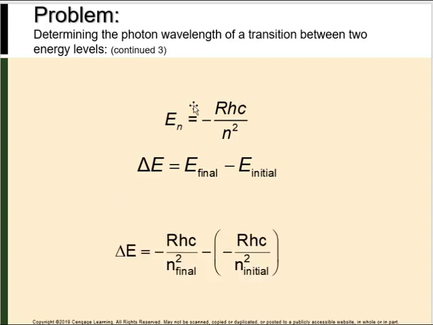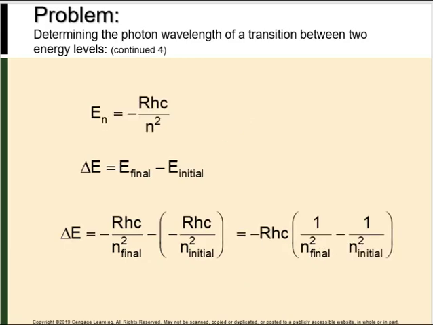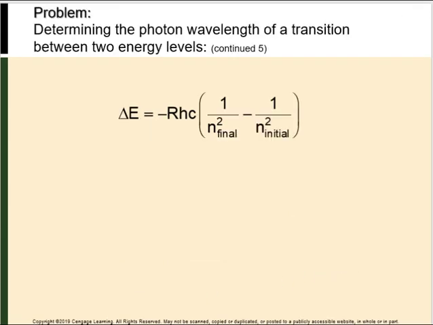But we can simplify this and pull out negative RHC and times it by the difference of 1 over the final energy level, n final squared, minus 1 over the initial n squared, to get this. So we can find this if we know the n's that we are going from and to.